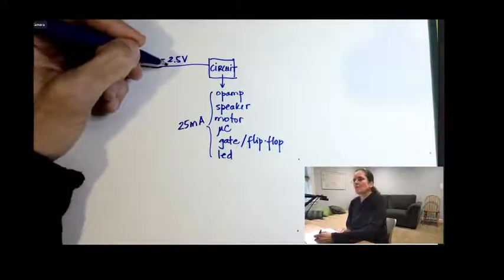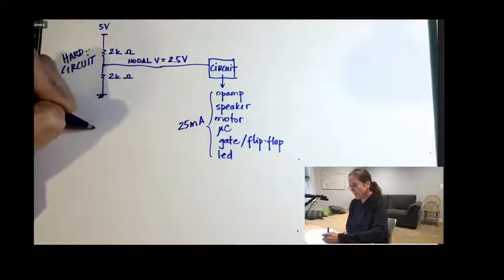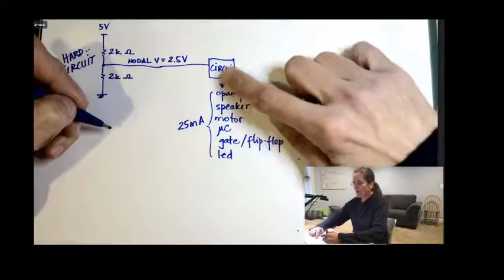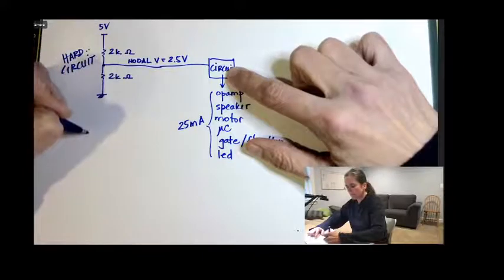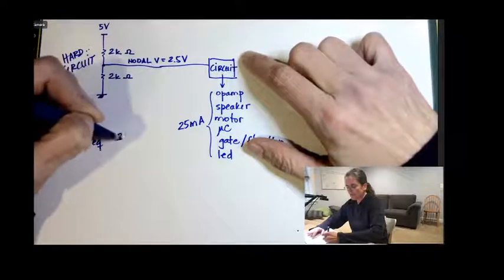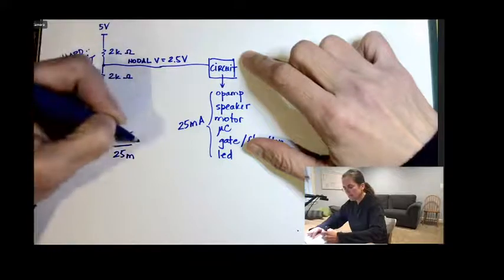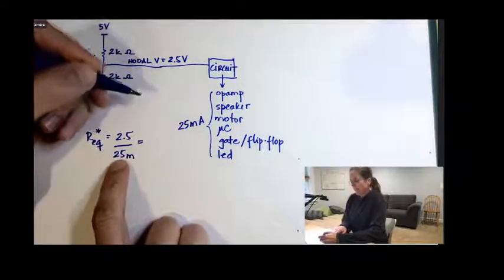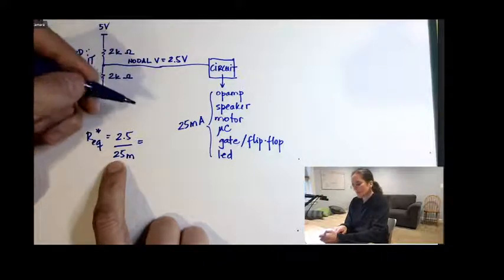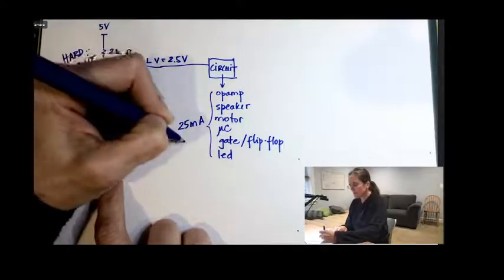So if I have a voltage of 2.5 and this thing will use 25 milliamps, the equivalent resistance that I will see in this circuit here, this equivalent resistance that I'm making up, will be that 2.5 volts divided by 25 milliamps. 2.5 by 25 is 0.1, and milli goes here as K. So let's say it's 100 ohms.